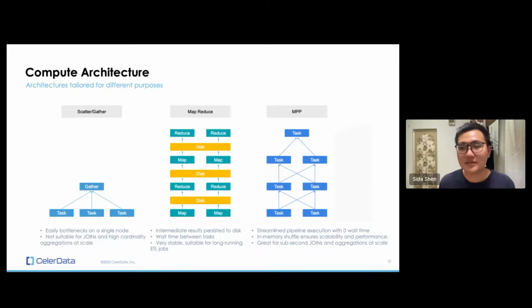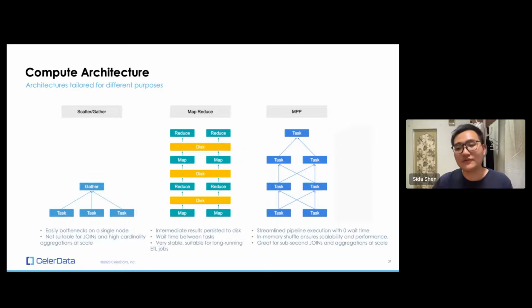You have some kind of leader node with a task, and it distributes it to all of the follower nodes, and they do the computation and aggregate the results back to the leader node, and the leader node does the final calculation, right? This is the architecture that ClickHouse follows, and it easily bottlenecks on a single node, right?